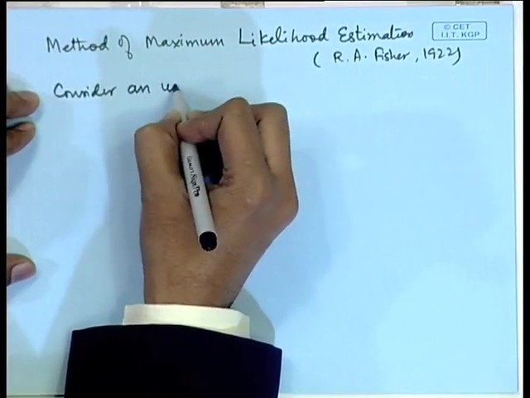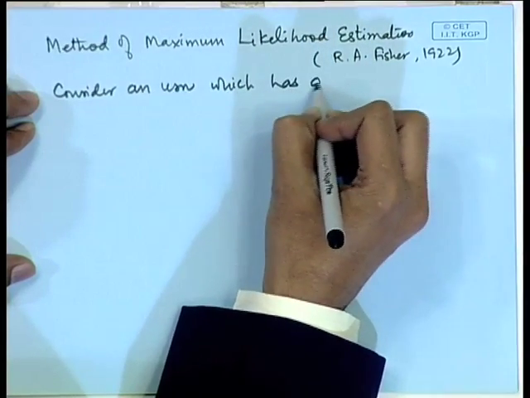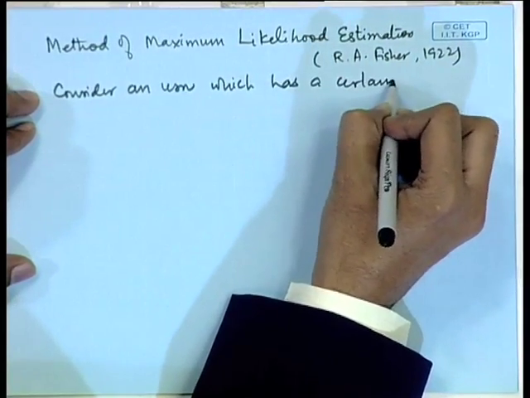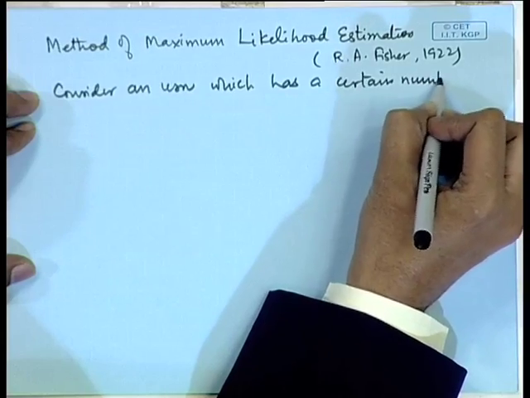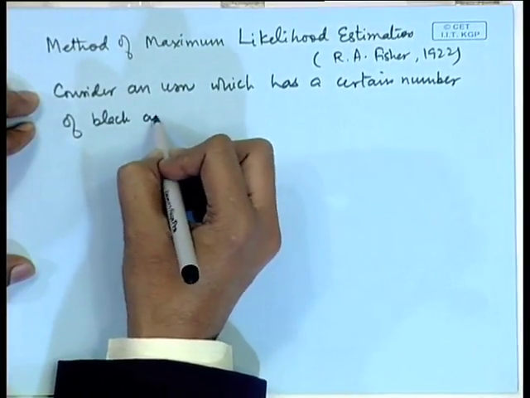Consider an urn which has a certain number of, say, black and red balls.